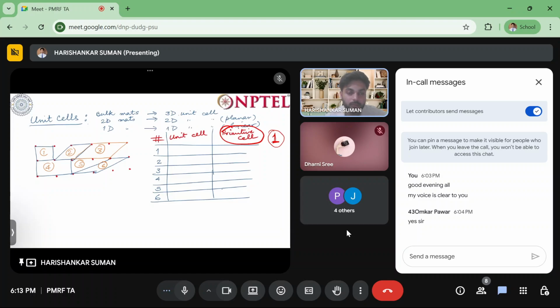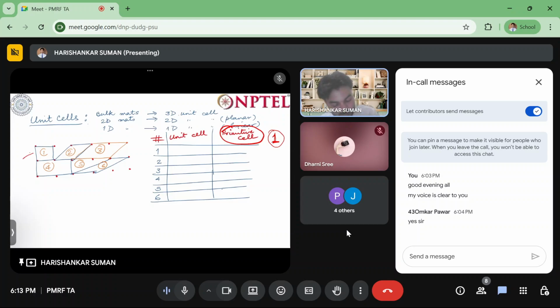The contribution should be 1 of the space lattice points. Please verify by yourself.